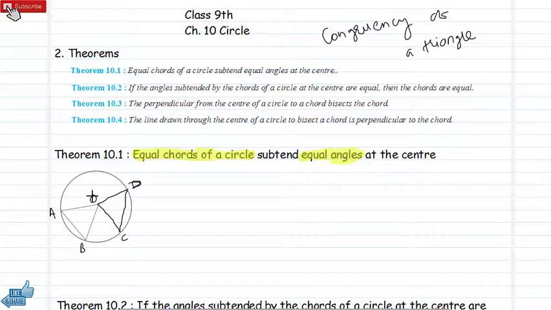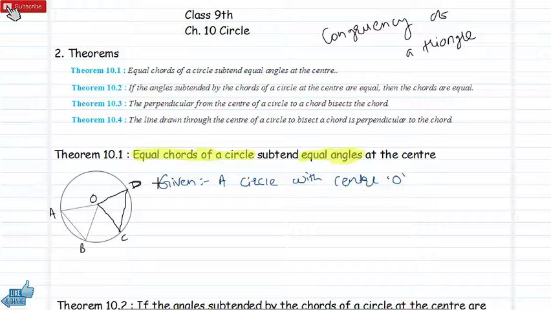So what is given first of all? I am going to write the given part. Given: a circle with center O. Every time in the complete circle lesson, whenever you have to prove a theorem, your first line is a circle with center O. So I write here a circle with center O. Now what is given?